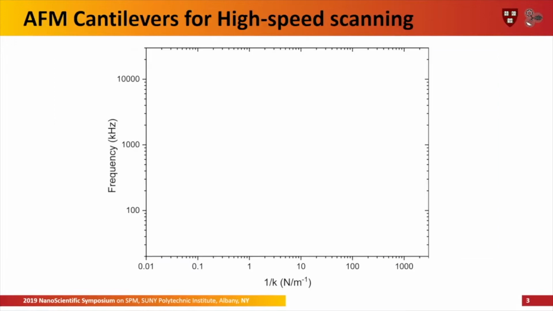So if we go to the first one, the AFM cantilevers for high-speed scanning, what is the range of frequencies? It's not clear here, but it typically ranges from 200 kilohertz up to a few megahertz. High frequency plays a role in achieving a higher imaging speed, and we can also increase the response time of the cantilever.